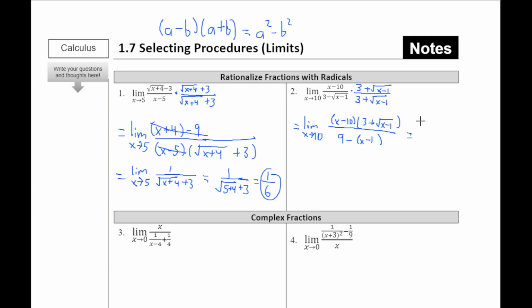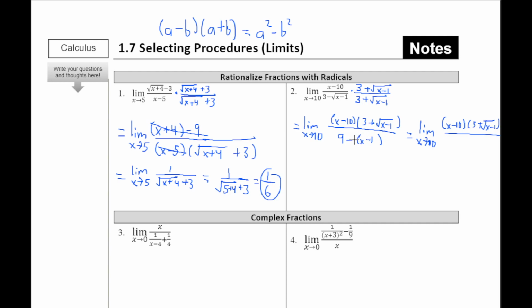And just for more room here, I'm going to rewrite this. Limit as x approaches 10 of x minus 10 times 3 plus root x minus 1, over 9 minus x.